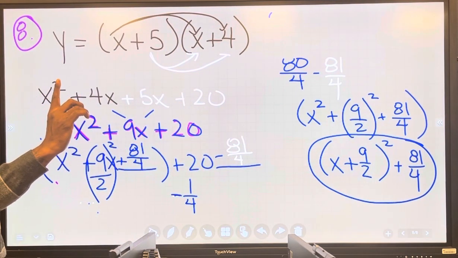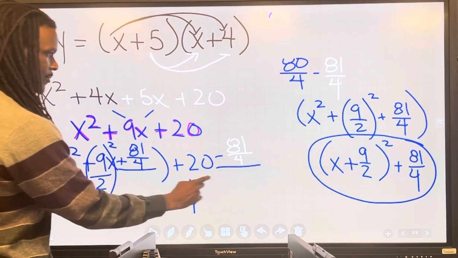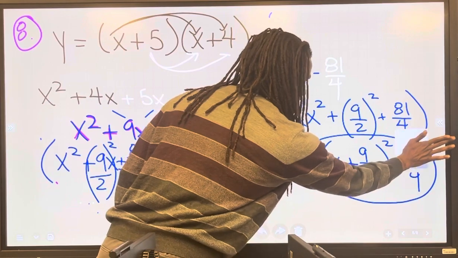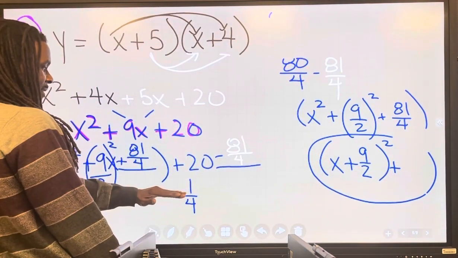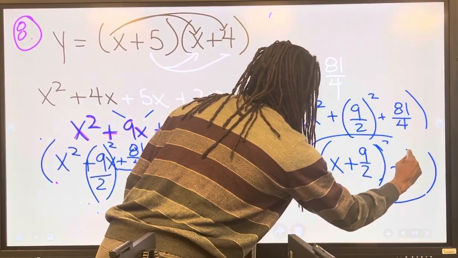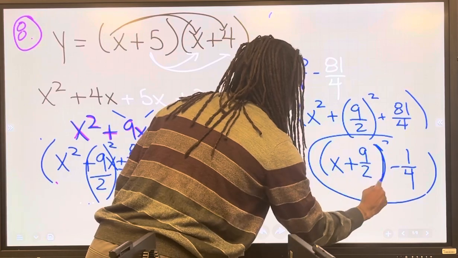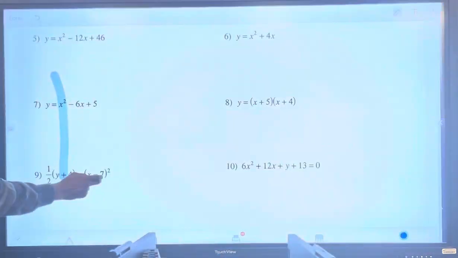Yeah, it should be 1 over 4. Thank you for fixing that. Should be minus 1 over 4. Went too fast. All right, let's double check. I thought it would become positive.